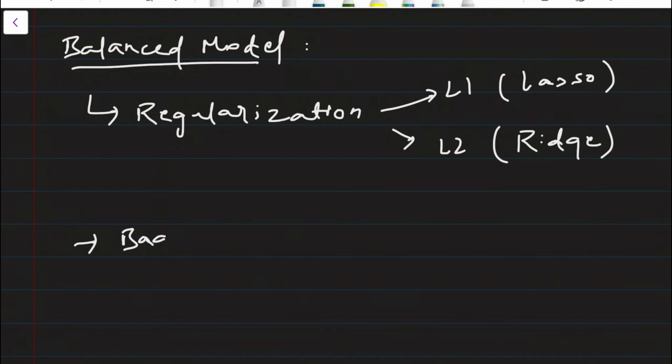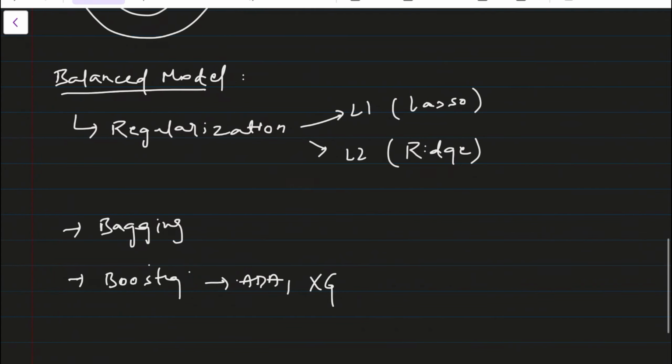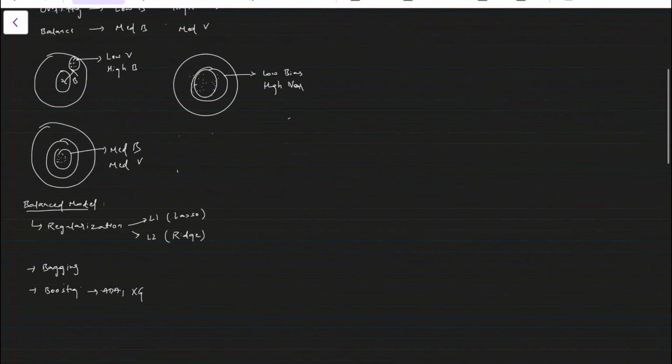Other things, like the bagging technique and boosting techniques like AdaBoost, XGBoost, and others, we will learn in upcoming videos. They can find the balanced model that contains medium bias and medium variance.